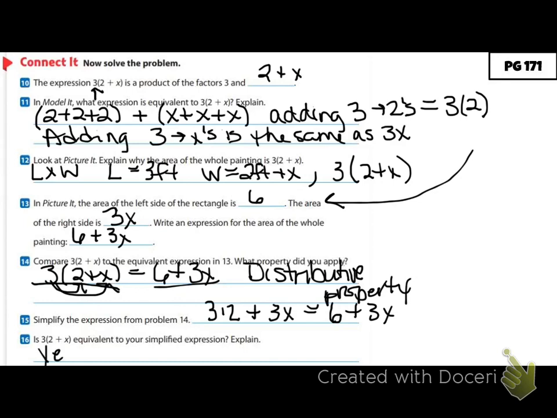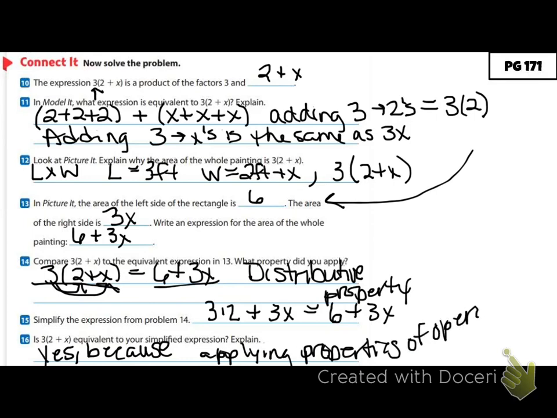Explain. Yes, it's equivalent because applying properties of operations does not change the value.